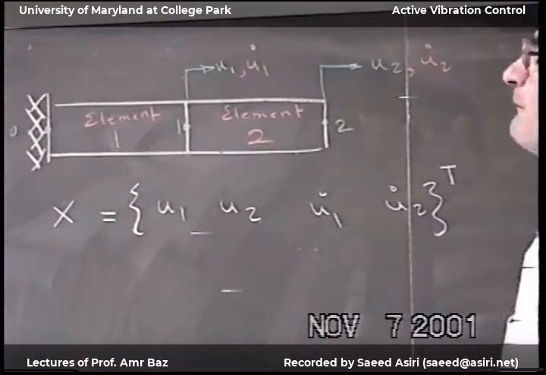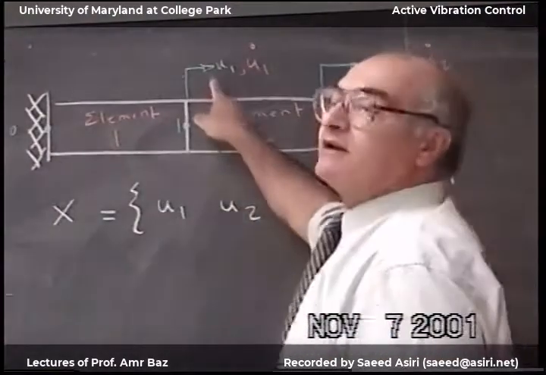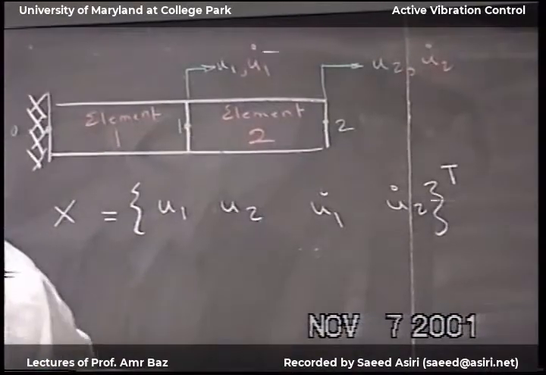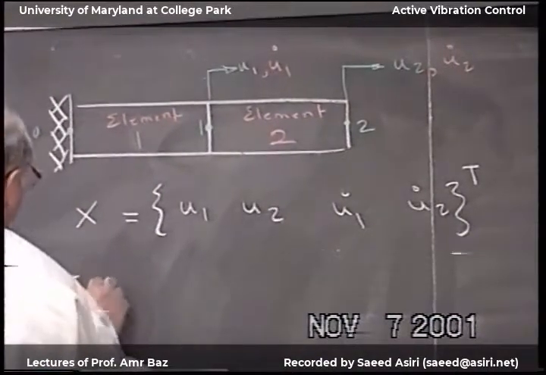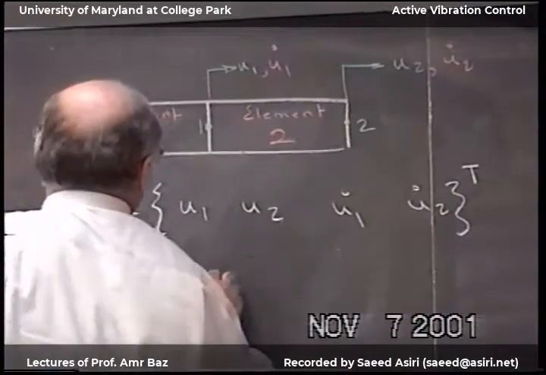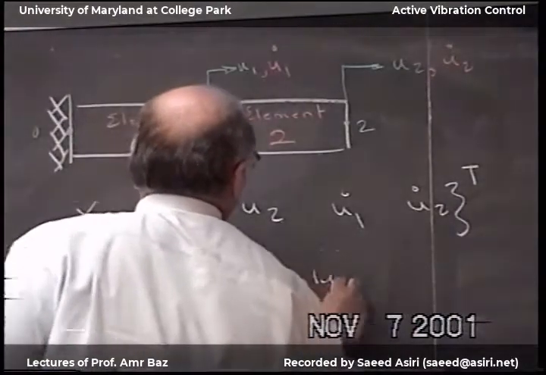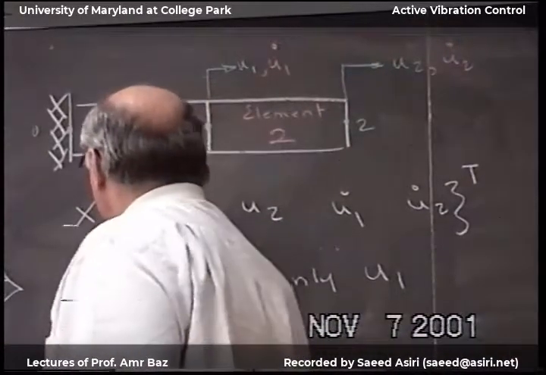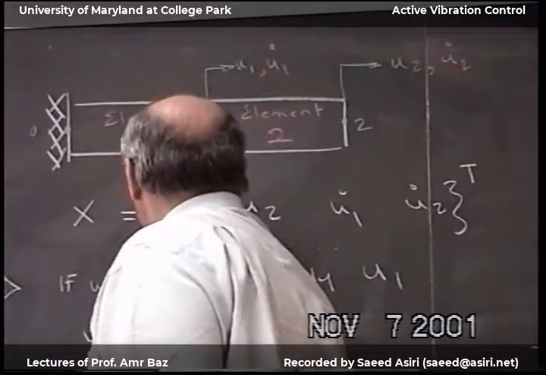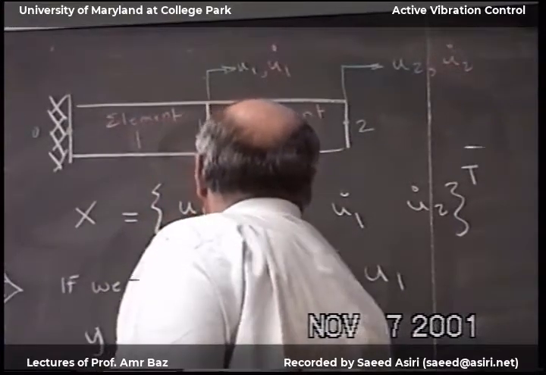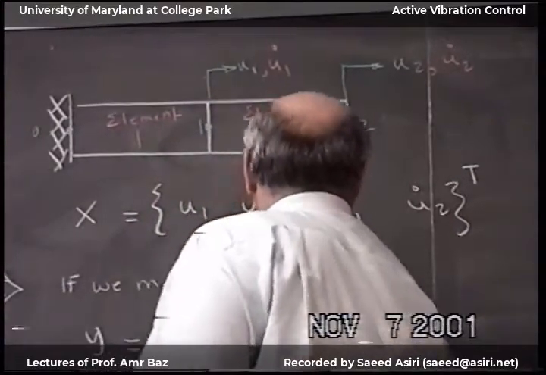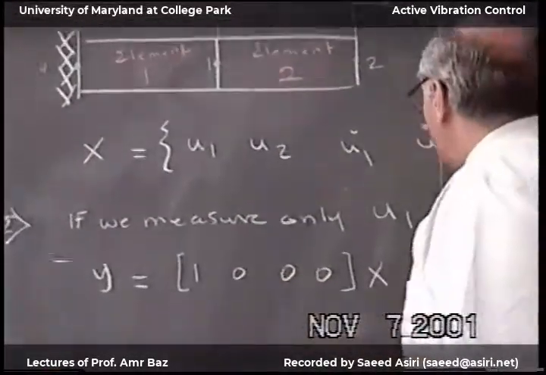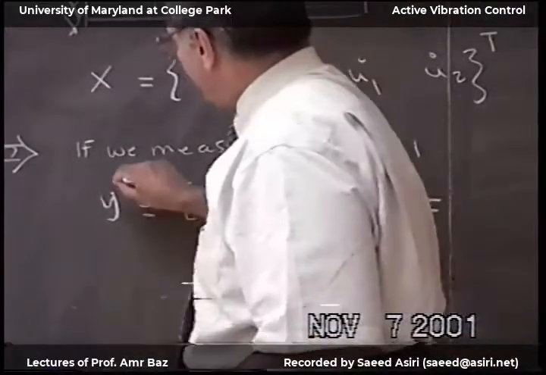I'm going to measure only U1, for example. If we measure only U1, we are used to writing the output is equal to [1, 0, 0, 0] times X. When I do this, let me call the output Y bar.